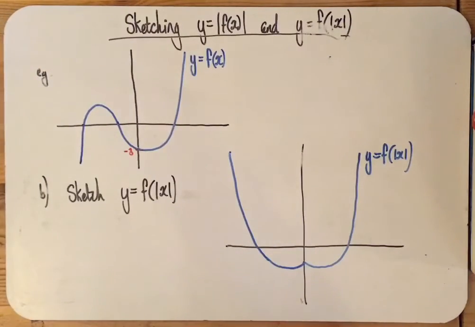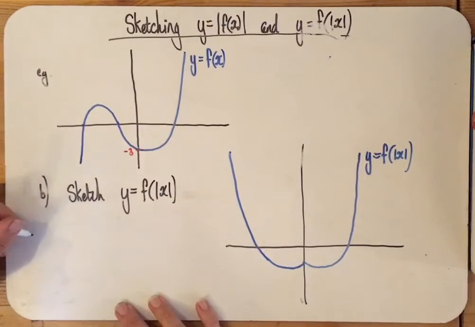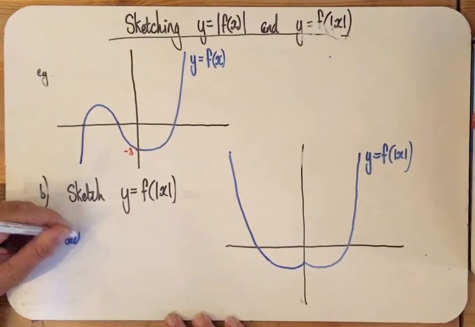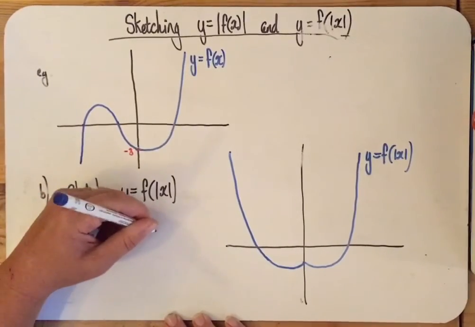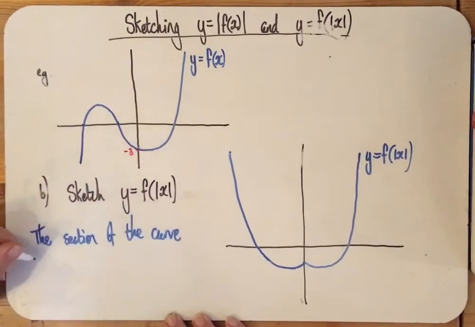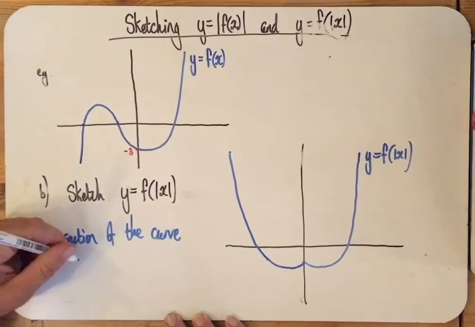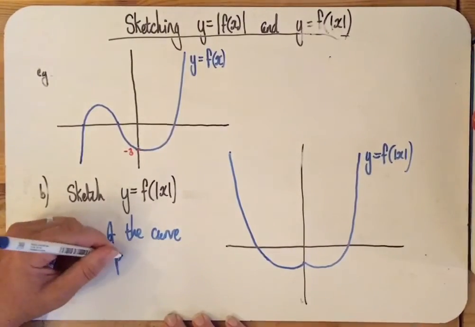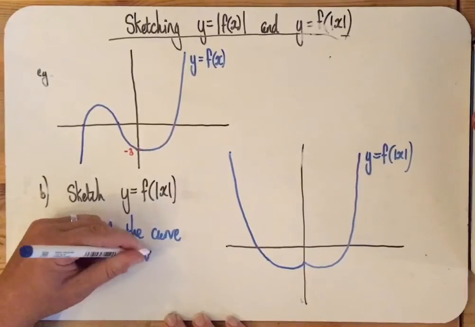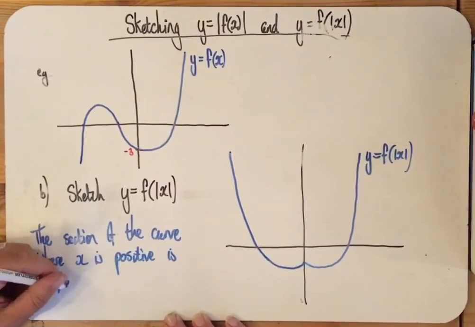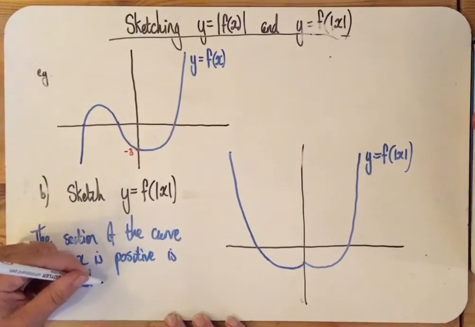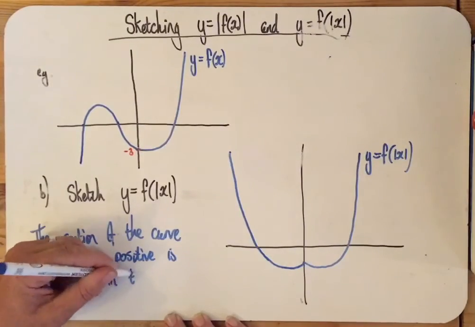So let's write that down. The section of the curve where x is positive is reflected in the y-axis.